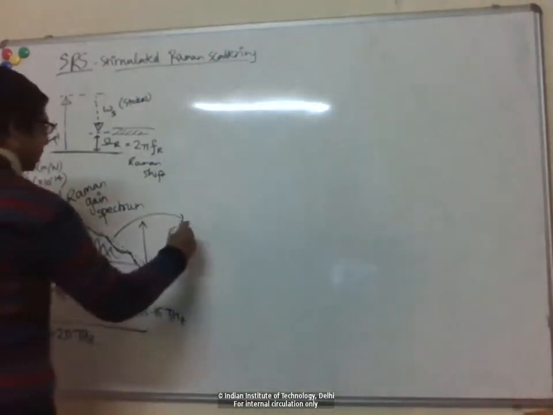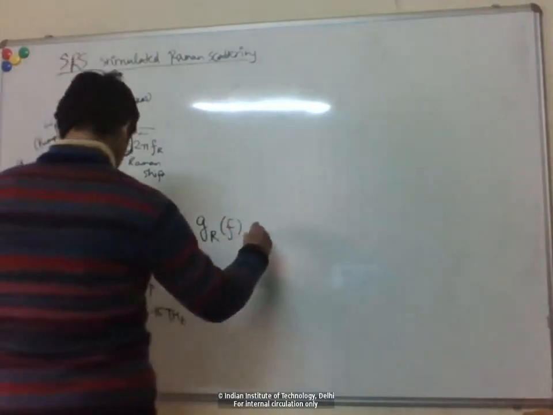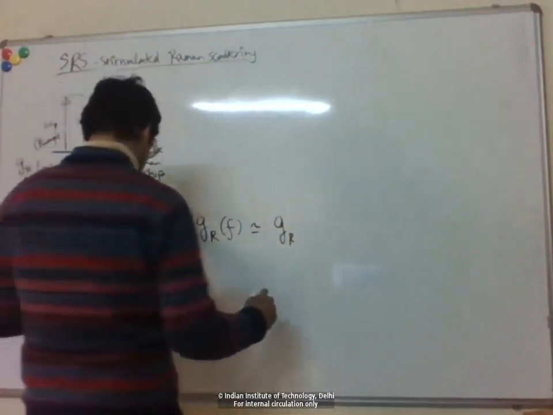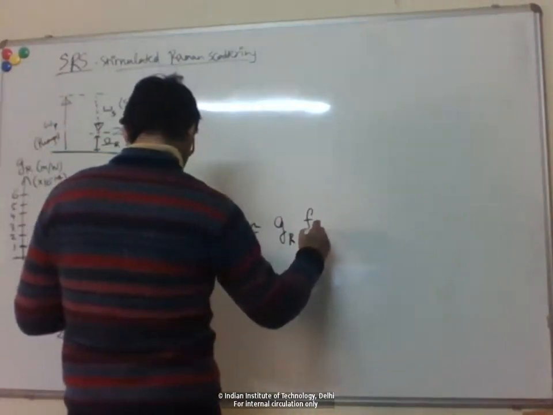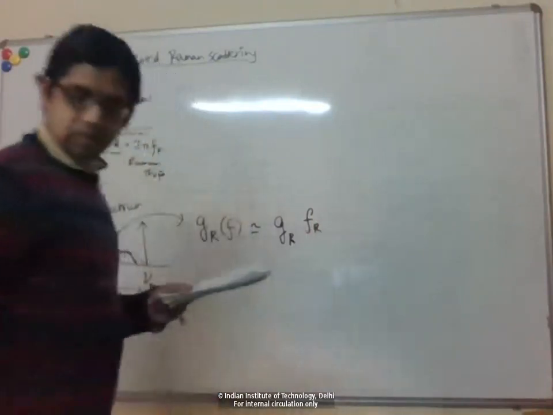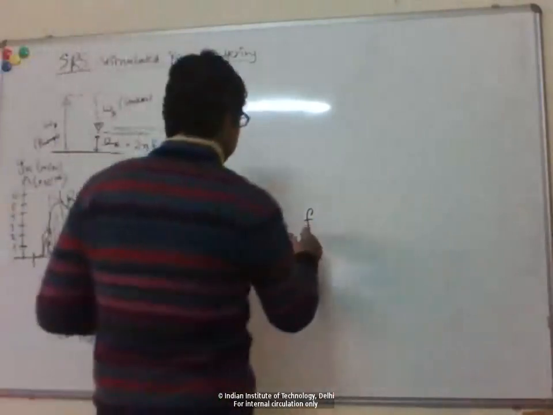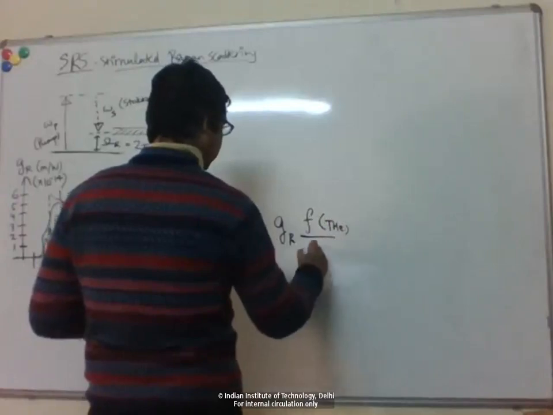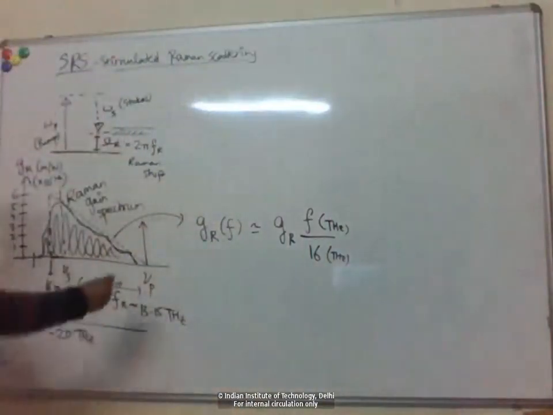So in this linear approximation, the Raman gain spectrum, basically you can write as, this is f, the frequency shift in terahertz divided by, right, so we go up to 16.